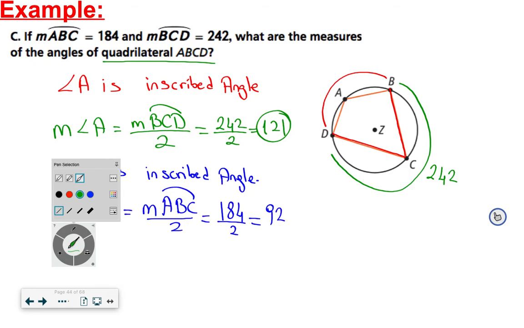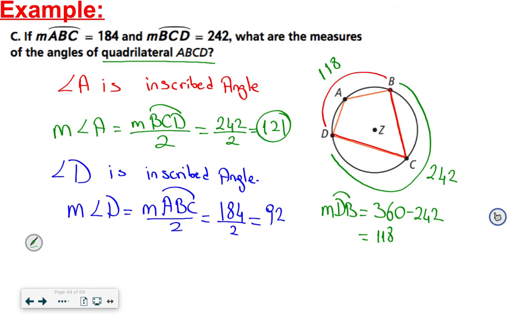To be able to find the measure of arc DB, we need to subtract 242 from 360. If we subtract 242 from 360, you will get 118. This is this part. We found that the measure of arc DB is 118.